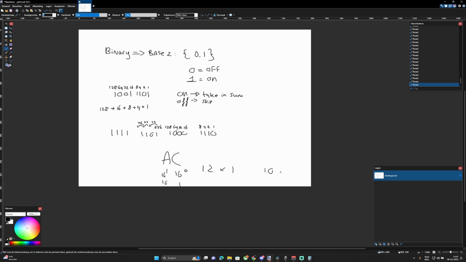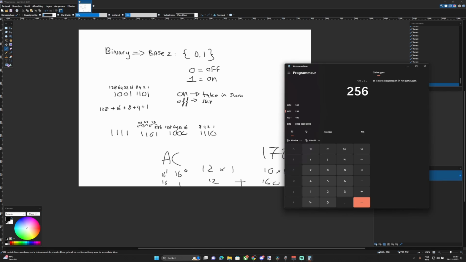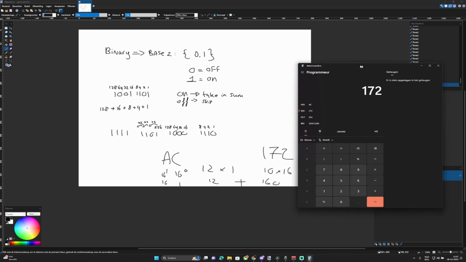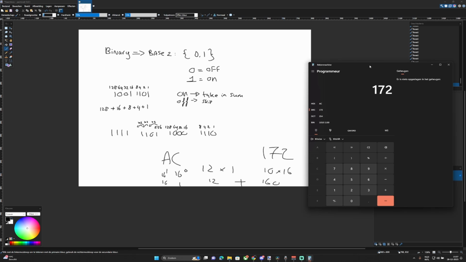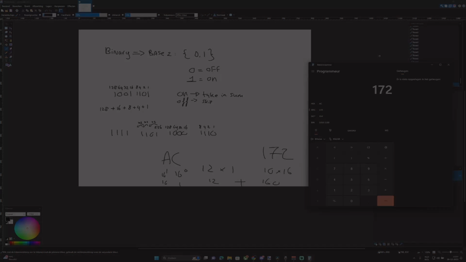So we do 10 times 16, that is 160. And then 160 plus 12, that's going to be 172. And then you can check it, of course. Go to hex, AC. Well, of course, it's 172. So we can quickly convert that in our head, and that's going to be very useful in your game hacking journey.